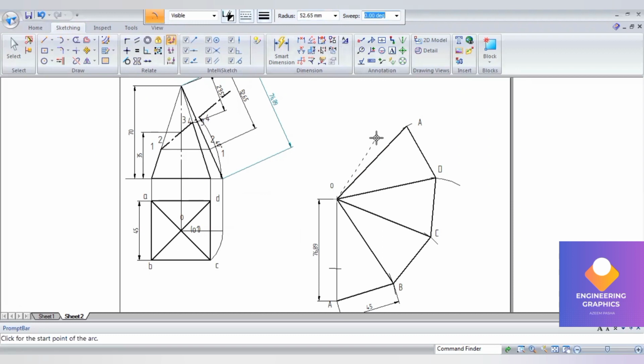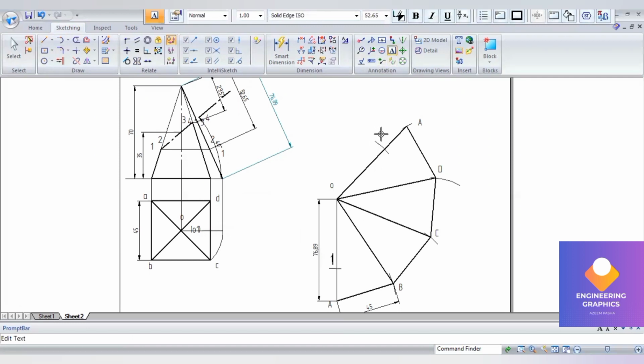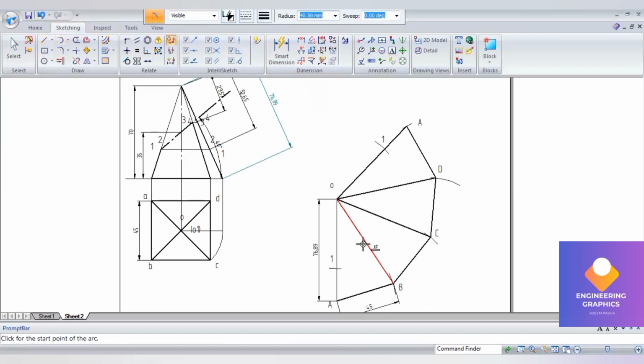And then on the vertical edge OB also it is the same length, 52.65. You again measure and cut on the slant edge OB. Again give 52.65 and cut it on OB, so that is your arc point 2.